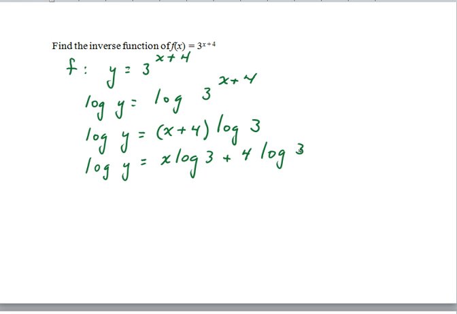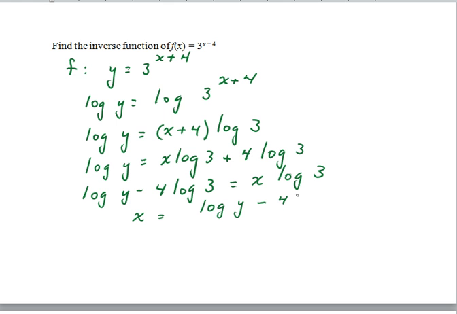We only have one term that has an x in it. Let's leave that on the right-hand side and move the 4 log 3 to the left. So we'll have log y minus 4 log of 3 equals x log 3. Now by division, we'll have x equals the difference of log y and 4 log 3, all divided by log 3.